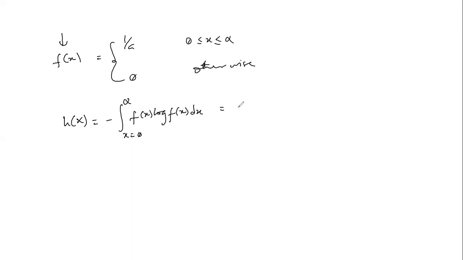And this is going to give us negative integral, x equal to 0 to alpha, of 1 over a log 1 over a dx. And once we integrate this, all of these parameters have nothing to do with x, so we can assume it to be a constant.